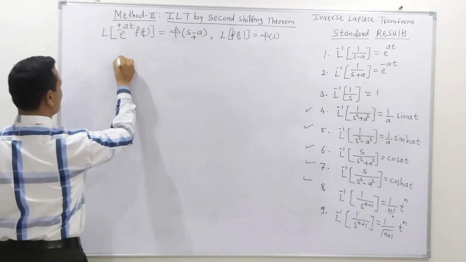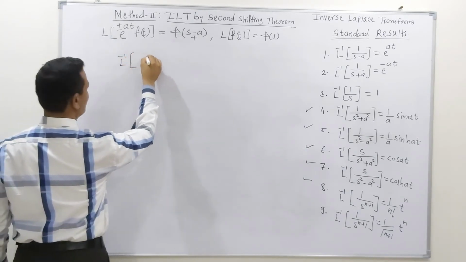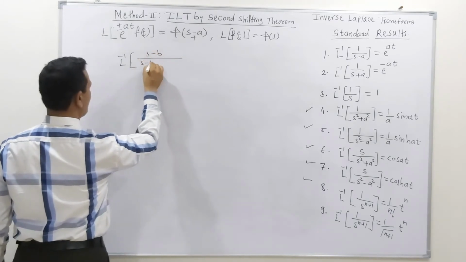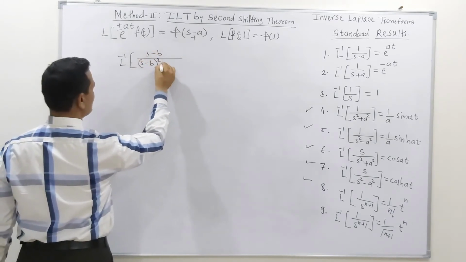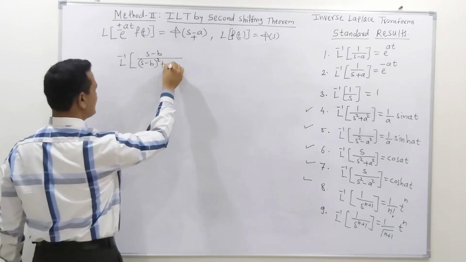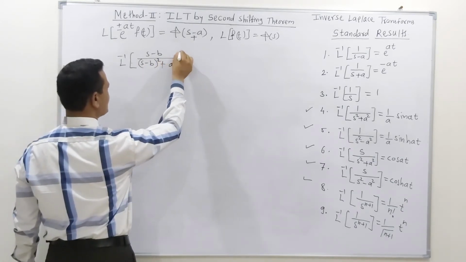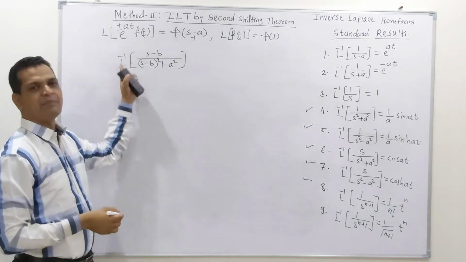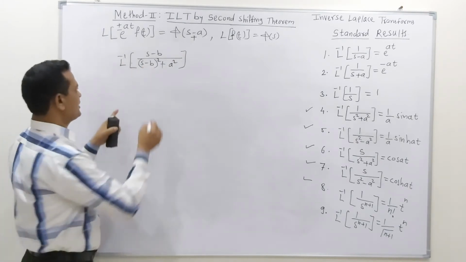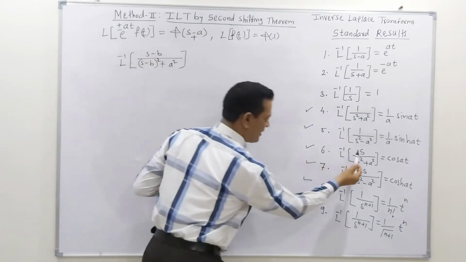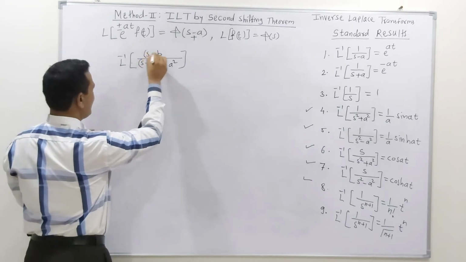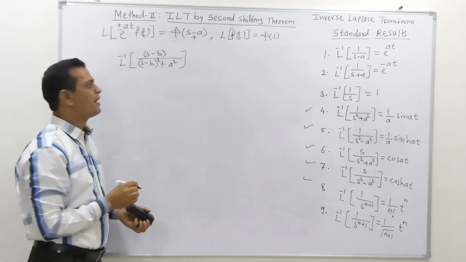Suppose we wish to find the inverse Laplace transformation of s minus b upon (s minus b) square plus a square. Whenever a shifted term is there, that means when b is subtracted from the parameter s, the parameter s is present in the numerator as well as in the denominator. So here we can write this as s minus b.